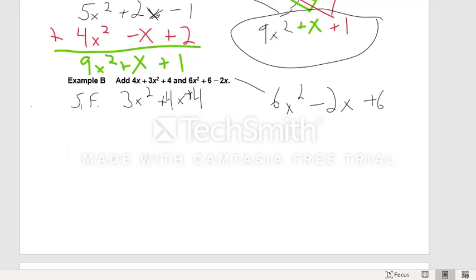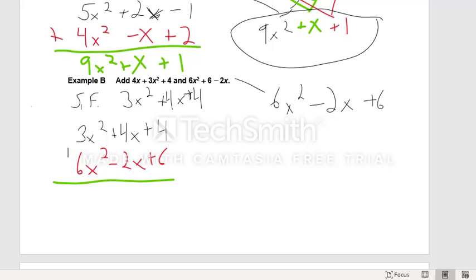We can write them vertically. 3x squared plus 4x plus 4, and write the other one underneath: 6x squared minus 2x plus 6. Add them together. 3x squared plus 6x squared is a total of 9x squared. 4x plus a negative 2x gives me plus 2x, and 4 plus 6 gives me plus 10.